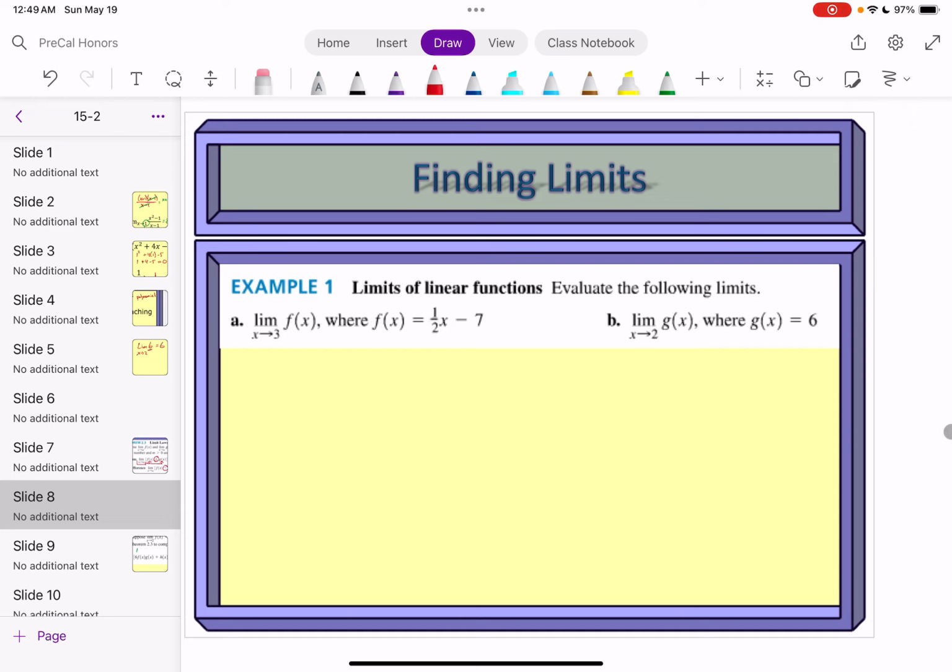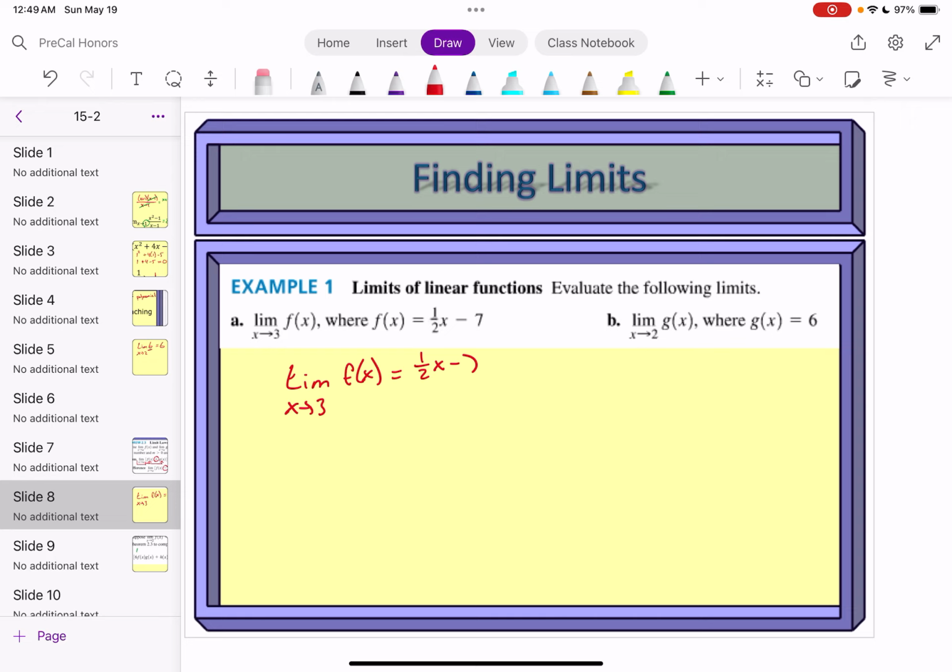As we start to find our limits, we are going to evaluate the limits. In order for us to evaluate the limit, we're going to rewrite the problem itself. So here we have the limit of f of x is equal to 1/2 x minus 7. And that's going to be when x approaches 3.